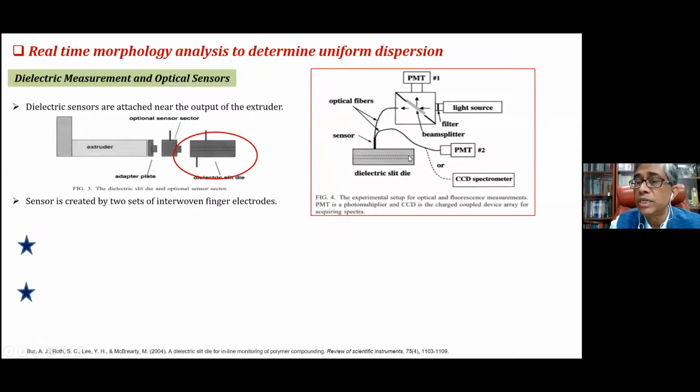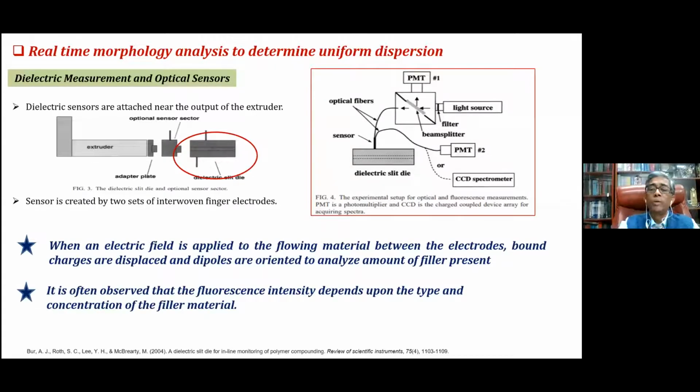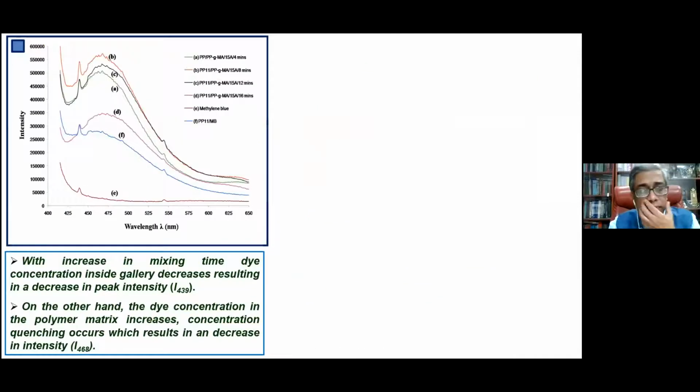On the right-hand side you see a dielectric die with optical fibers and a spectrometer connected near the die to tell us how the dispersion is happening, how much the opening of the nanofillers happens, and how much the polymer is connected with those fillers. This comes from fluorescent analysis, done recently, a couple of years back, in the USA. We had similar sensor equipment connected, and we did some research in that.